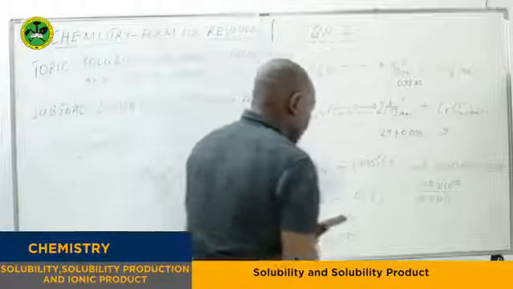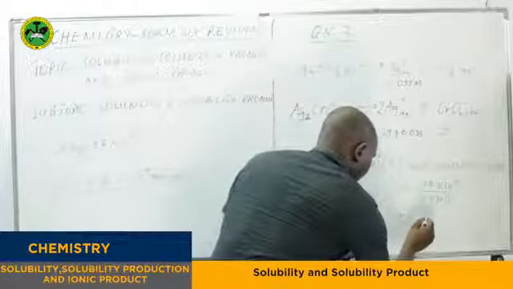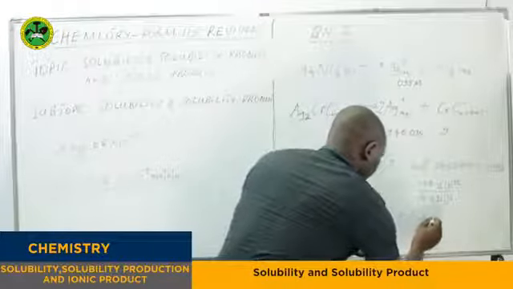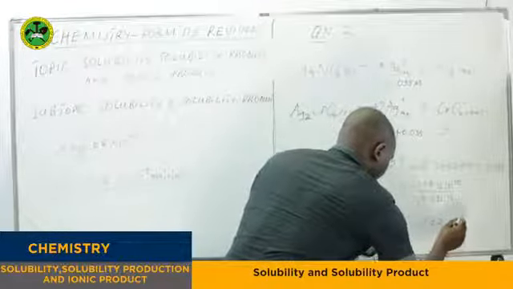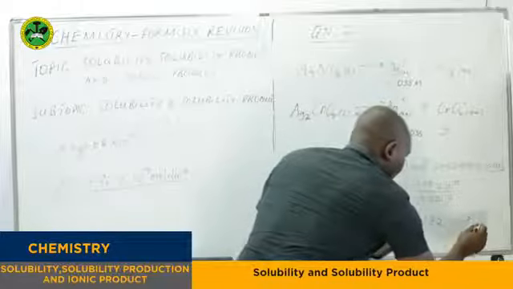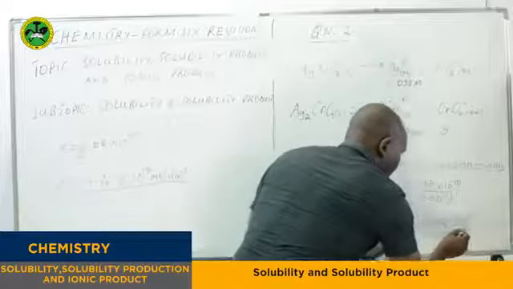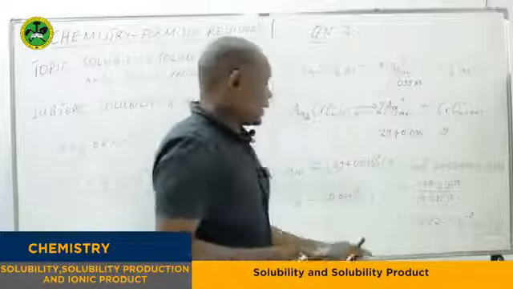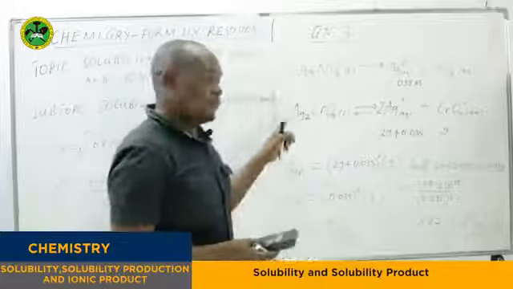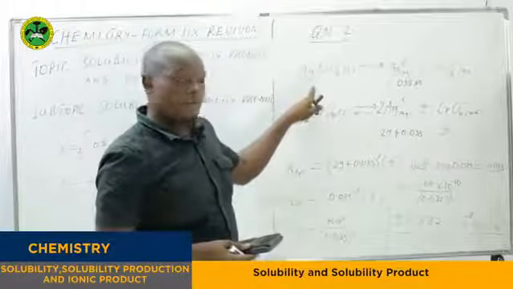So we get the answer Y equal to approximately 80.8 times 10 power negative 8. This will be moles per decimeter cubed. So this is now the solubility of silver chromate in silver nitrate.